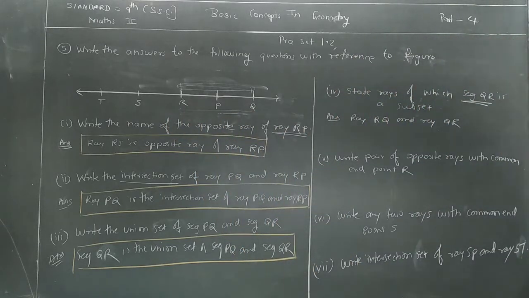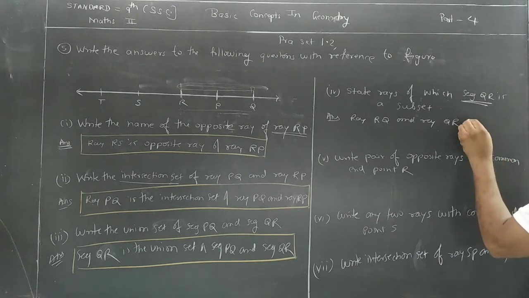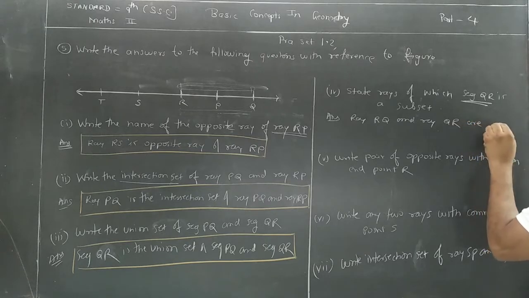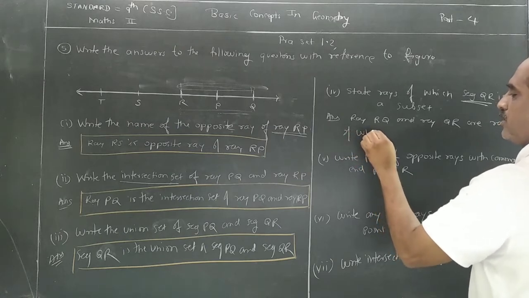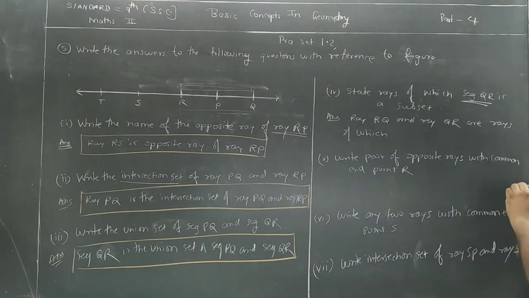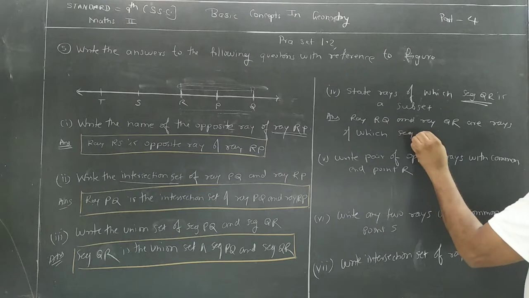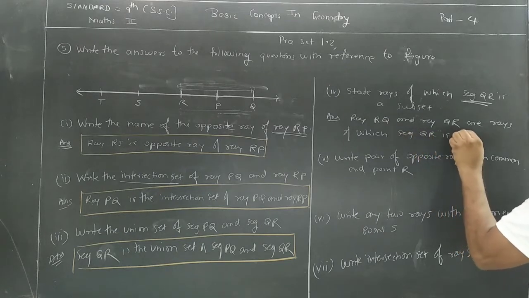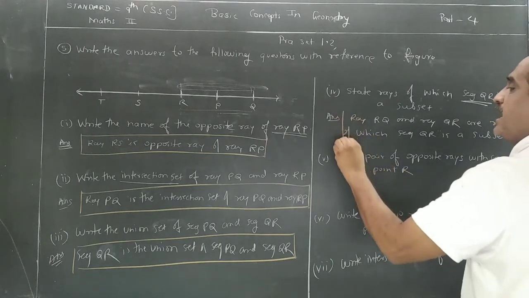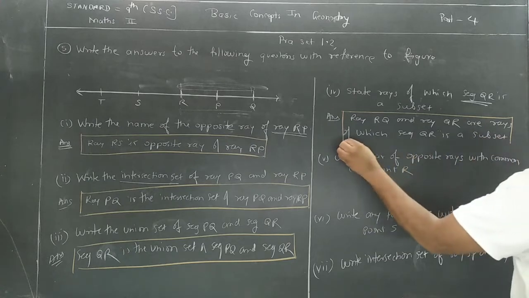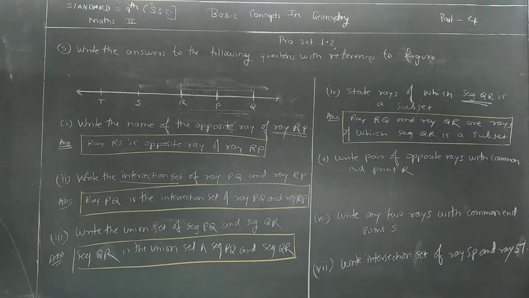So ray RQ and ray QR are rays of which segment QR is a subset. That you have to put in a box.